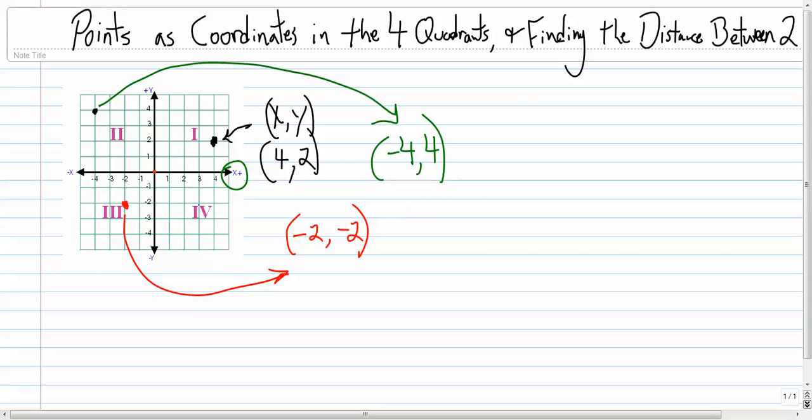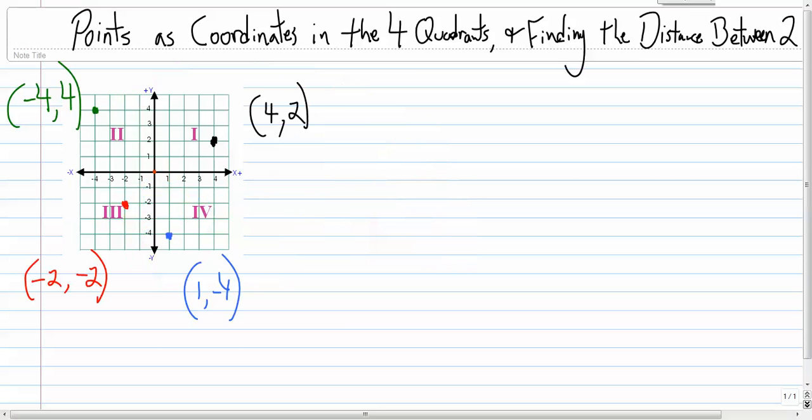And then in the last quadrant, if I pick a point, say right here, we're going to have a positive value and a negative value. Since our x is to the right, it's going to be positive. In this case, it's over 1, so it's going to be 1. And in the fourth quadrant, our y values are negative, so it's -1, -2, -3, -4. Okay, so that's a quick review of the 4 quadrants.